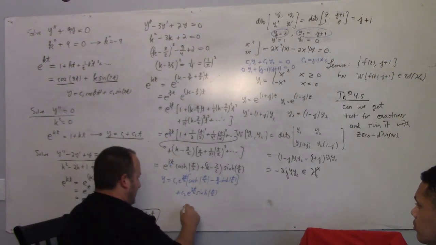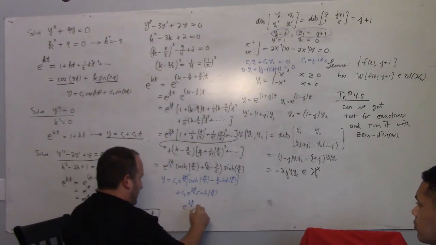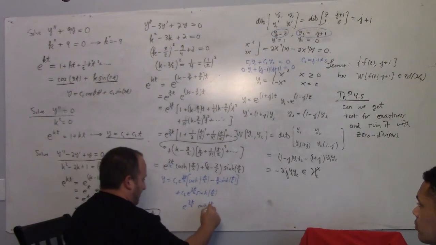So what is e to the 3t over 2 times cosh t over 2 anyway?